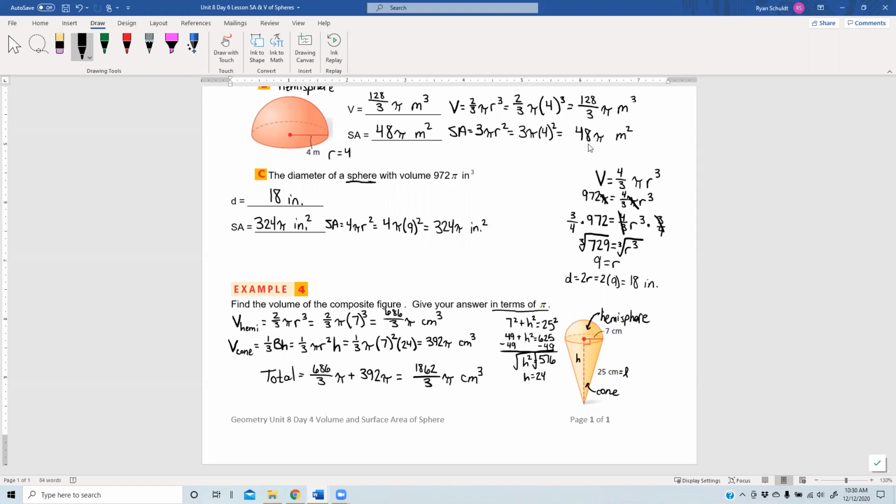Math is about being exact. Engineering, physics, they're just approximate. Math, I want it to be exact. So we're just going to leave that as our total volume, 1862 over 3 pi centimeters cubed.